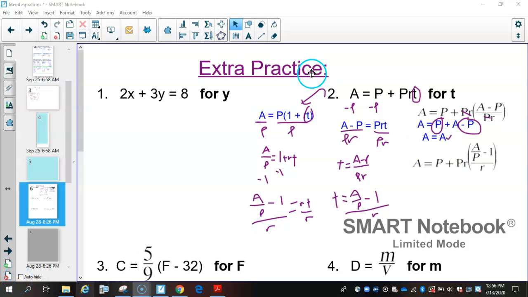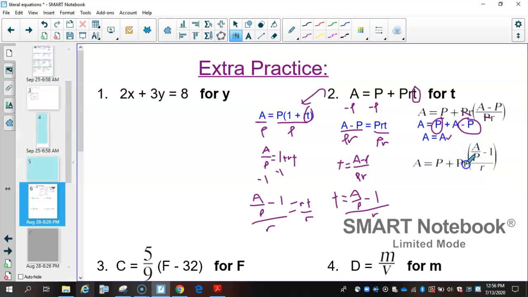Alright, so what's going to happen in this case is kind of similar to what we've been doing, but there'll also be different steps. So here, even though I'm multiplying P and R to this whole fraction and there's not a P and an R down here, there is an R. So remember that even though they're together, they can still be separated.